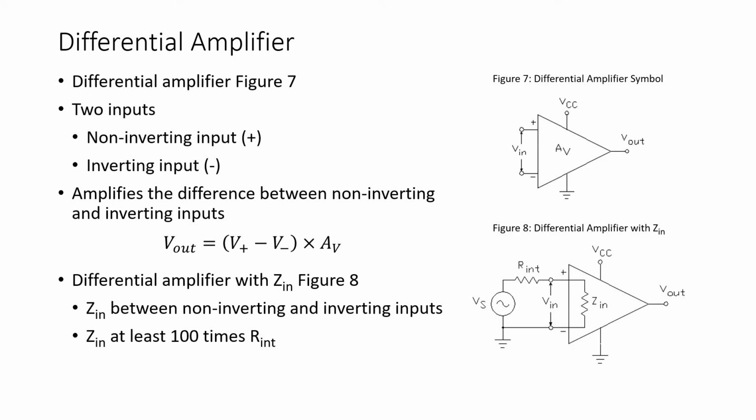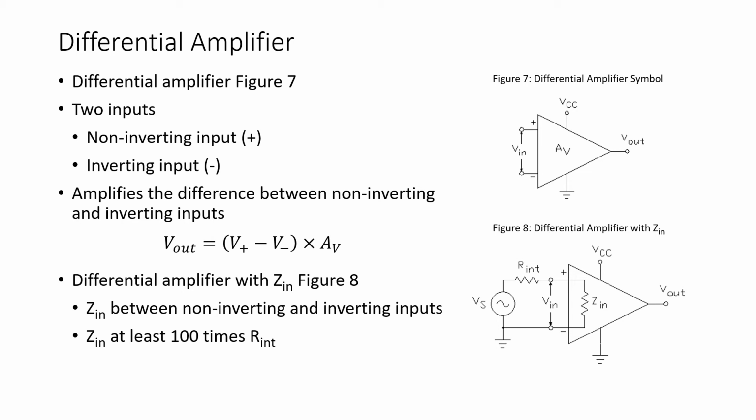Now, Figure 7 shows us the schematic symbol for a differential amplifier. Note with the circuit of Figure 7, we have two inputs. One's labeled plus and one's labeled minus. The plus input is called the non-inverting input, and the minus input is called the inverting input.